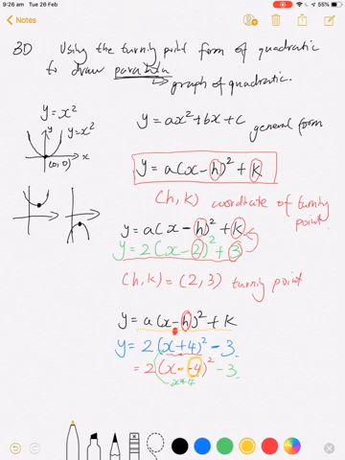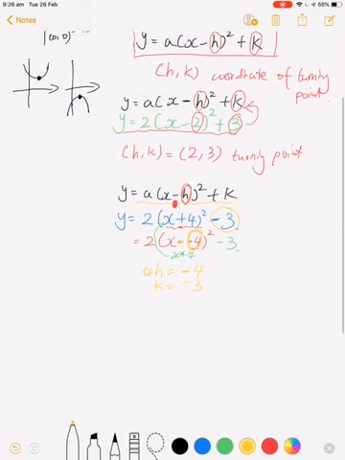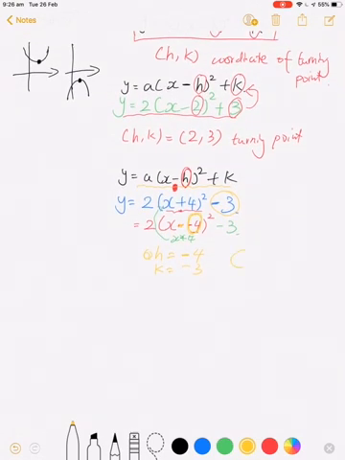So h is equal to negative 4, and k is negative 3. As a result, your turning point is (negative 4, negative 3). This will be the turning point of this quadratic.